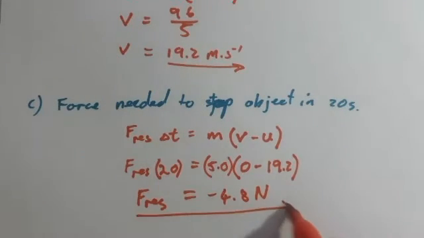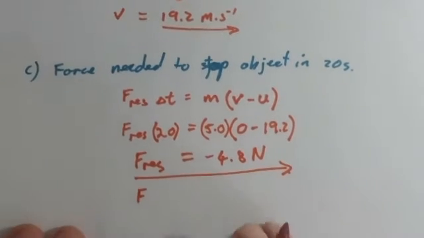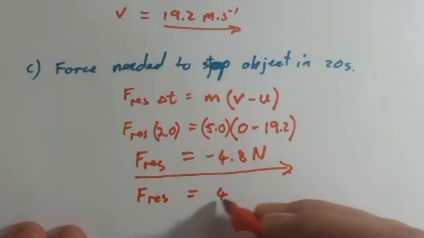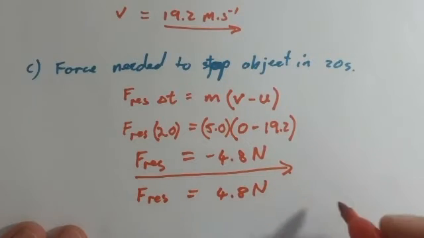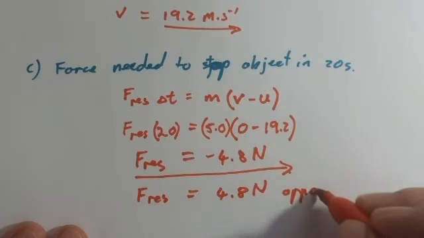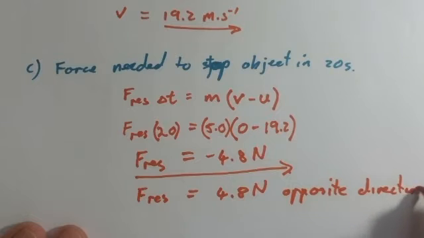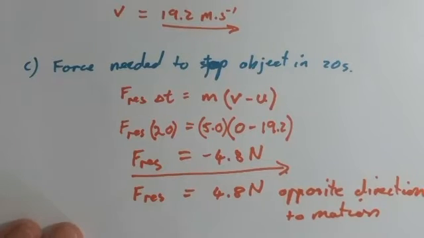So that's the force needed to stop it. All right. The negative means it's in the opposite direction of motion. So depending on what your question paper looks like, 4.8 Newton opposite direction to motion would be the most proper answer that you can give for that one.